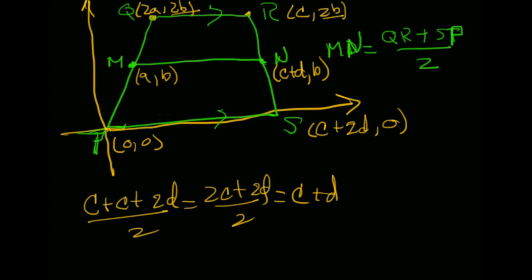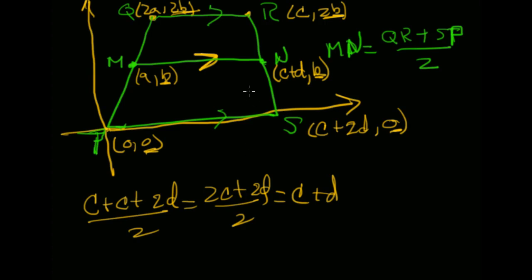First, this has to be parallel. Why? Because this goes from 0 to 0, which means it's horizontal. This one goes from 2B to 2B, which means it's horizontal. This is going from B to B, which means it's also horizontal, which means that all three of these lines are parallel to each other.